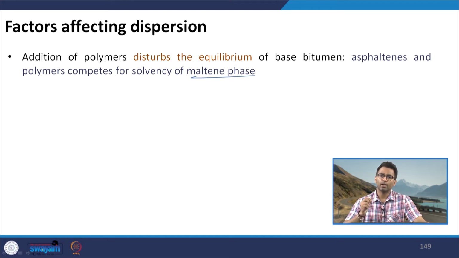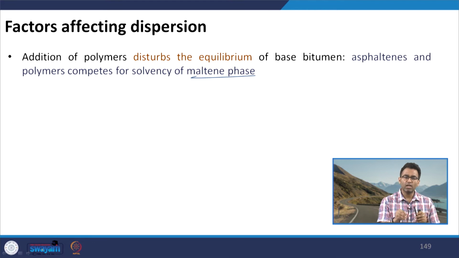Therefore, the chemistry of base bitumen is very important to finally tell us about the extent of dispersion which the polymer will have in the bitumen. So, what I am trying to say here is that, let us say you have 3% polymer, let us say 3% SBS or 3% EVA, which I want to add to the bitumen system.